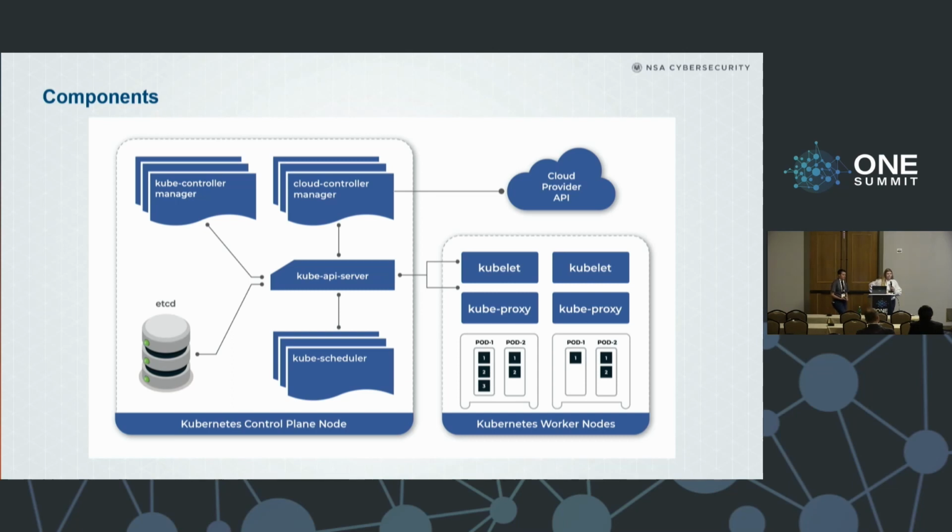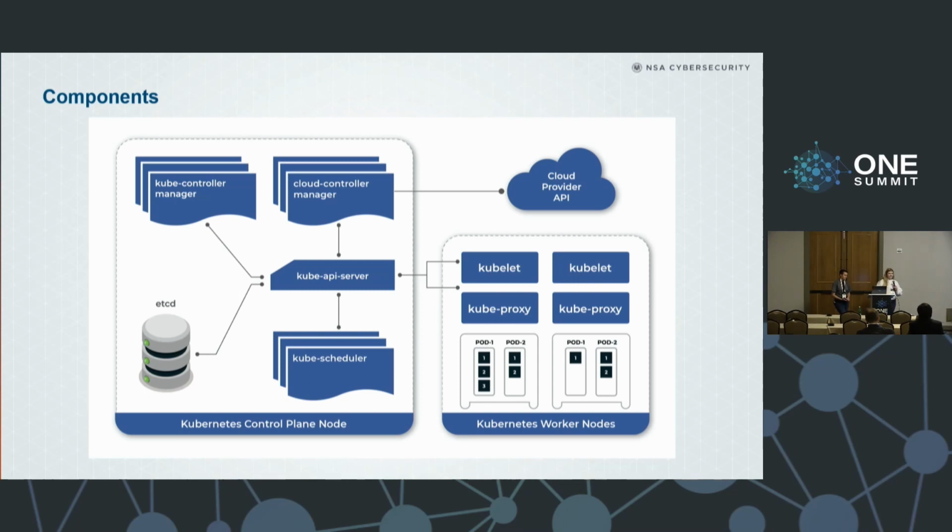The worker nodes run the actual workloads and the pods, and they communicate back to the control plane to make sure they're running the correct stuff. The pods hold the actual workloads that you're trying to run on a Kubernetes cluster. Deployments are either on-prem in your own data center or in the cloud, running on VMs or in the cloud provider's Kubernetes service.